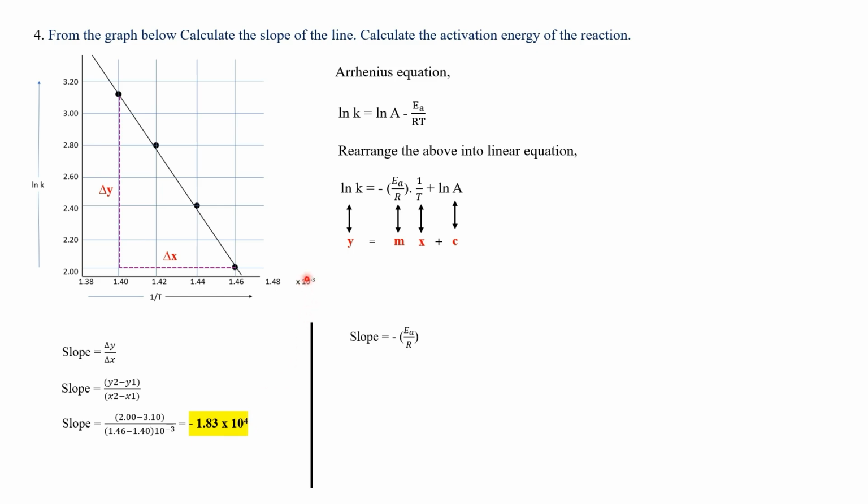Here you can see 10 to the negative 3. The common factor has been taken out from the x-axis values, so each of these x values you need to multiply by 10 to the negative 3. Slope from this equation is negative Ea over R. R value is 8.314. Ea is equal to slope times R value. That is 152 in kilojoules.